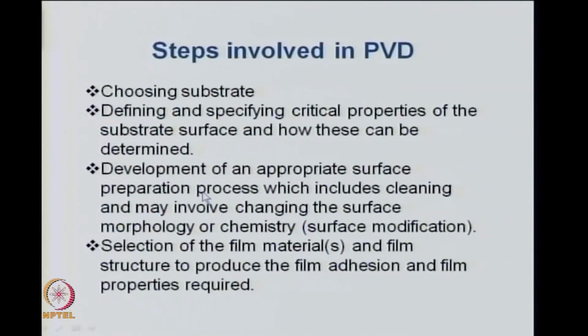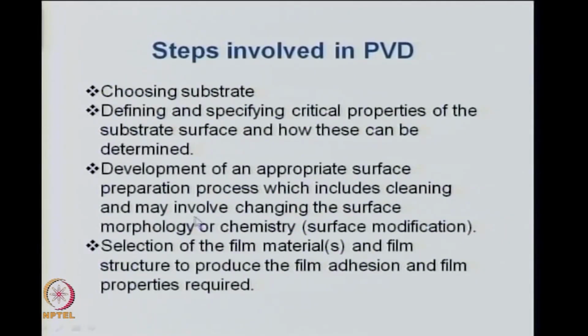So, then we develop an appropriate surface preparation process. The substrate has to be cleaned in a particular manner. This is called the surface preparation process, which includes cleaning and may involve changing the surface morphology or chemistry. That is called surface modification of the substrate. Then you have to select the film material and the film structure to produce the correct film adhesion.